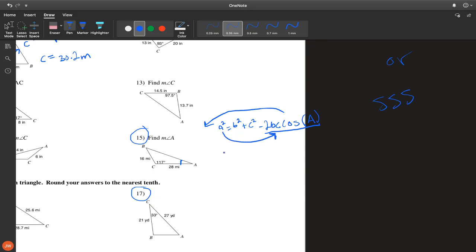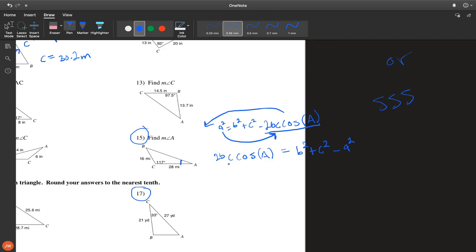So just switch the places of these. And when you move these, they're going to have the opposite sign. So this is going to be 2bc cosine of A equals b squared plus c squared minus a squared.